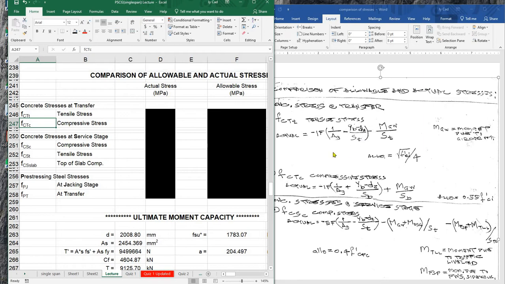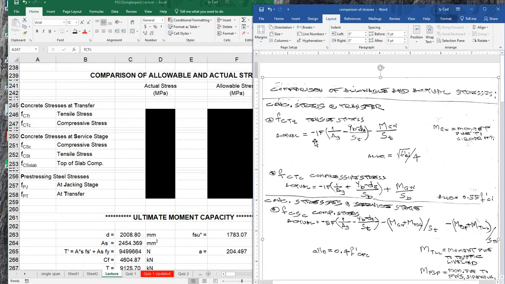Now, let's look here at the equations. For concrete stress at transfer at the tensile stress, the actual equation is negative initial force times the quantity 1 all over area gross minus YB minus D2.